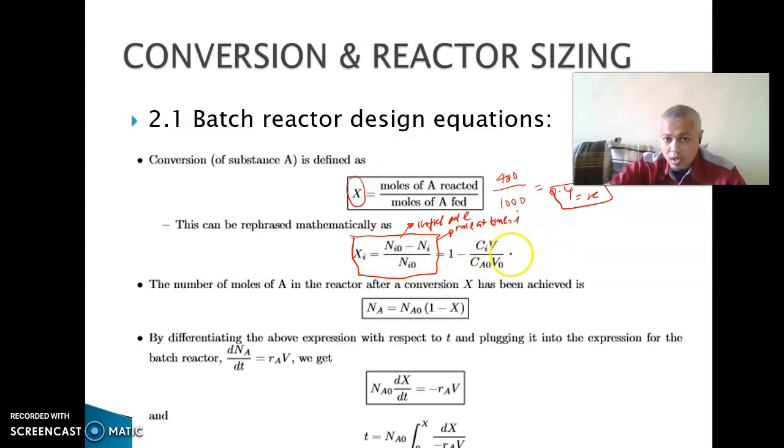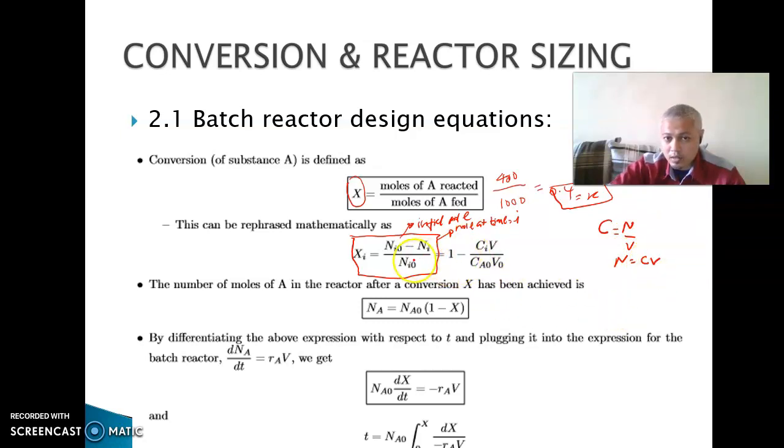We have learned previously regarding molarity or molar concentration. So we know that the formula for concentration, or molar concentration, or molarity, is C equals N over V. If we rearrange this, we will get N equals CV.